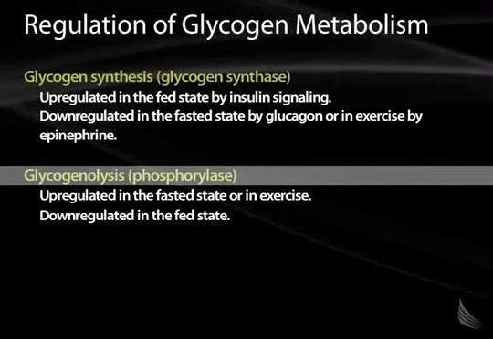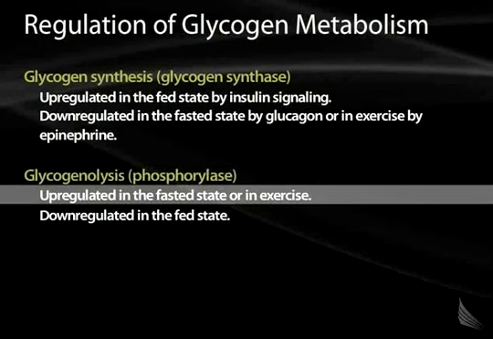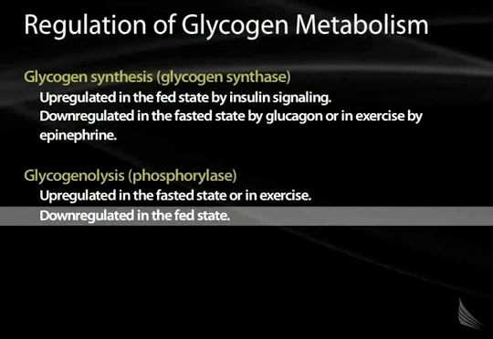Glycogenolysis, or the degradation of glycogen, which is performed by the enzyme phosphorylase, is upregulated in the fasted state, or in exercise, and downregulated in the fed state. So this makes sense. In the fed state, we want to store glycogen, so we're going to upregulate glycogen synthesis and inhibit glycogenolysis. Whereas in the fasted state, where we want to consume glycogen, we will upregulate glycogenolysis, or glycogen degradation, and inhibit glycogen synthesis.